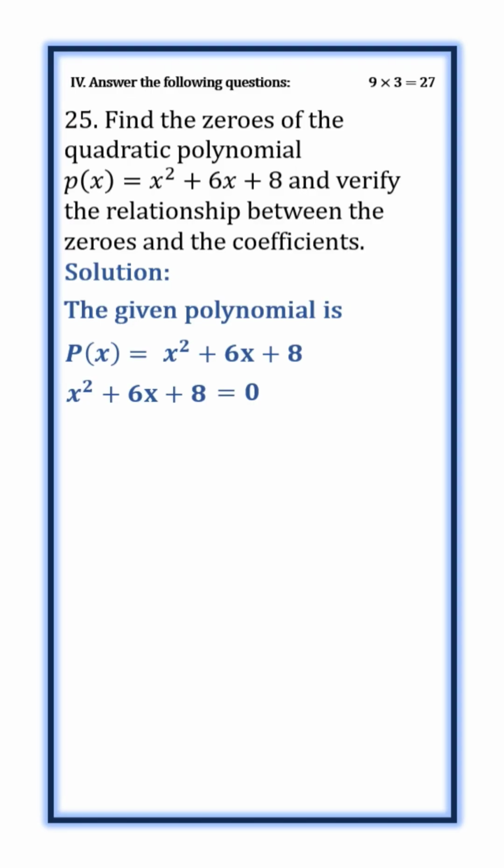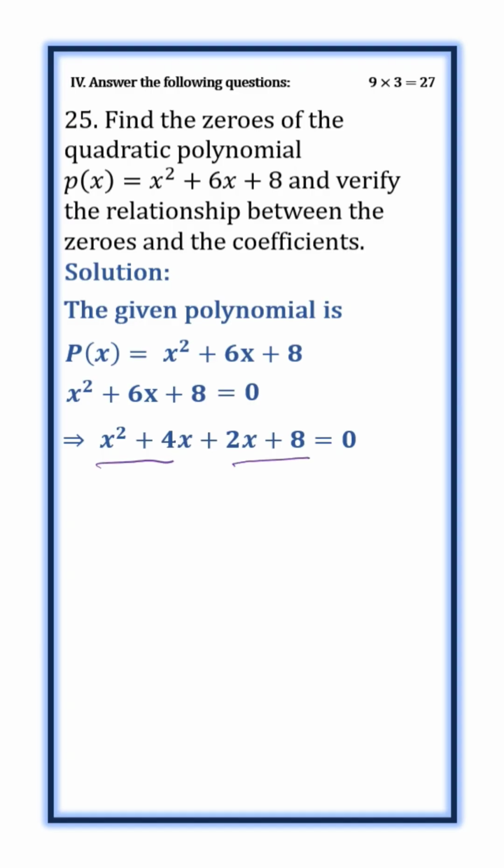Now we have to find 2 numbers such that sum of them is equal to 6 and product of them is equal to 8. 4 and 2 are such numbers. So now we can write x square plus 4x plus 2x plus 8 is equal to 0. Now let us group the first 2 and the last 2.